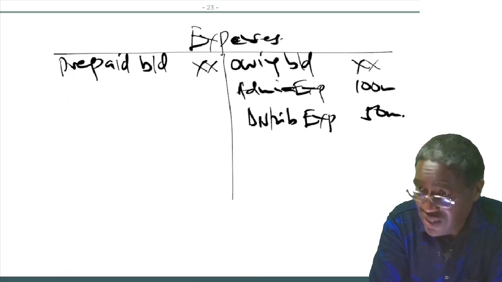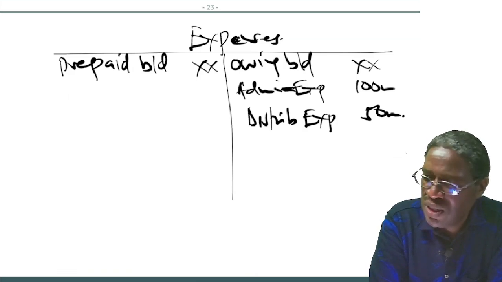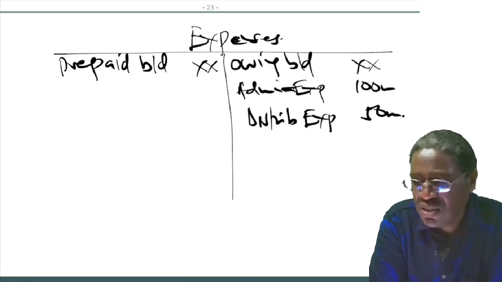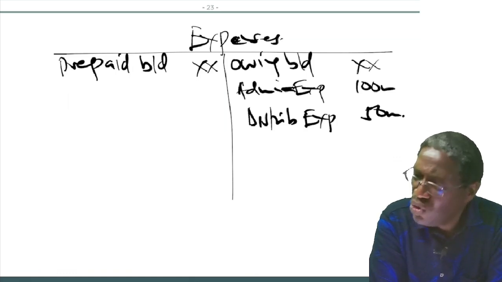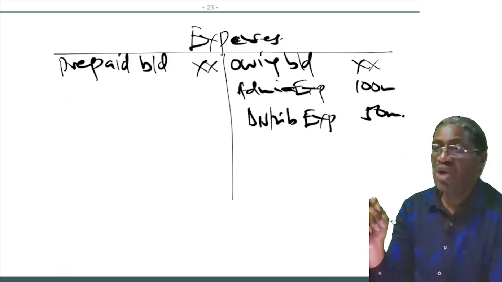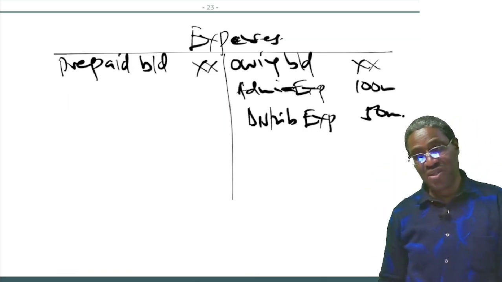I've said, among the admin expenses, yes, you charge 100 million, but among them, there could be a non-cash item that you classified as an admin expense. But we are not looking for how much we charged for admin. We are looking for what we paid for admin expenses.